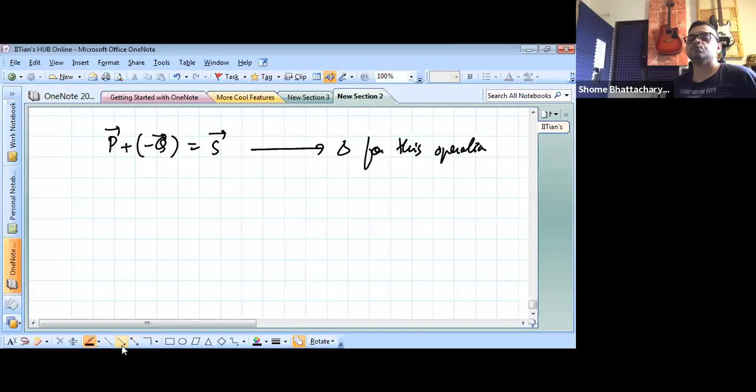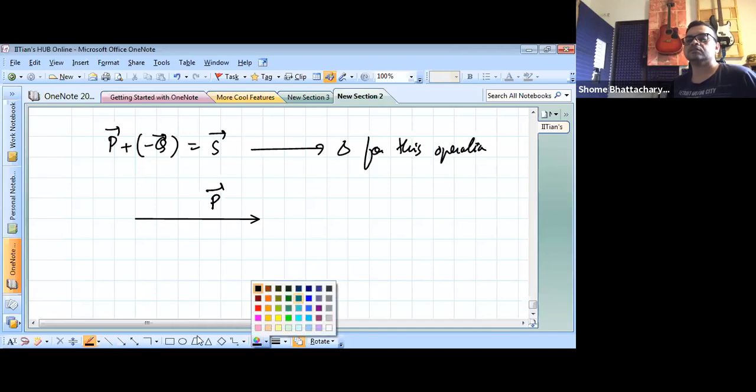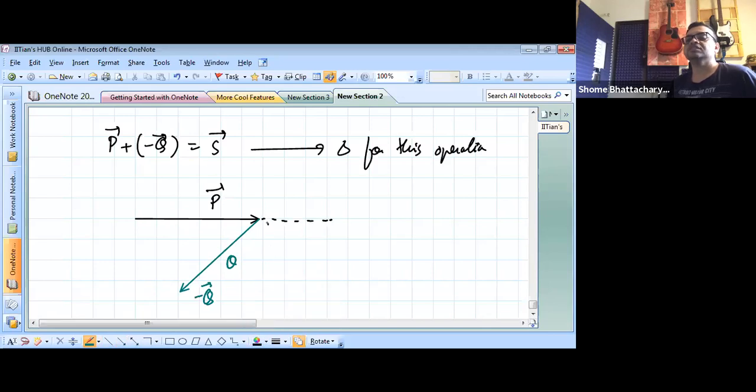The vector P is drawn, and then instead of adding the vector Q, we'll add the vector minus Q, which is like this. This is the vector minus Q. It has the same magnitude, but let's pay attention to its direction.